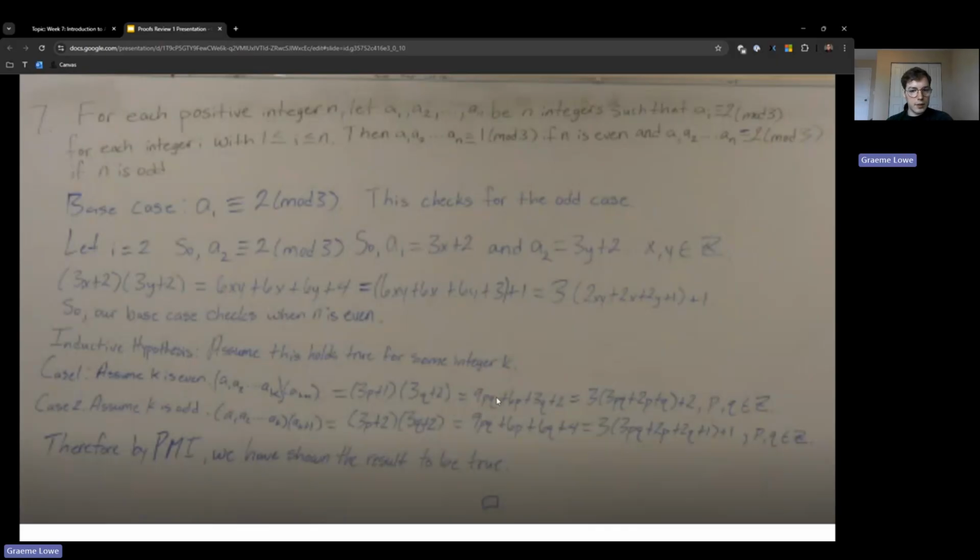So that gives us 9pq plus 6p plus 3q plus 2. And then we're going to look for a 3 in this 9, 6, 3, and we'll pull that out. So we get 3 multiplied by 3pq plus 2p plus q, and then all of that itself plus 2 again.